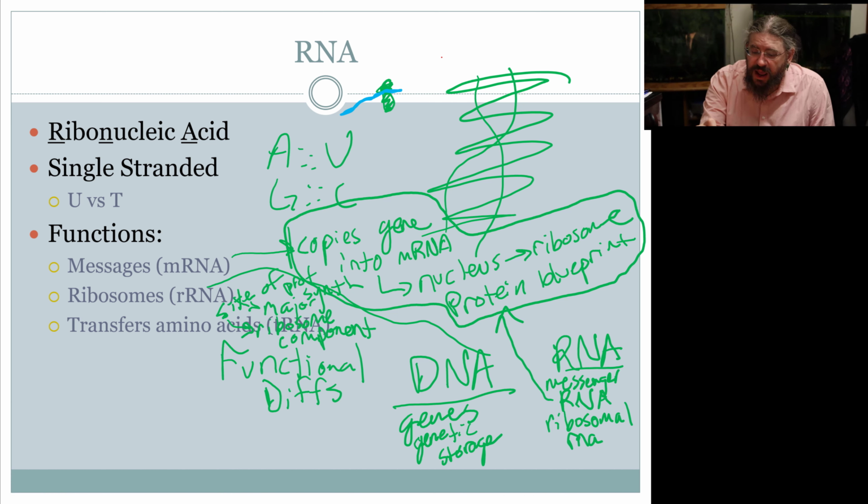So tRNA is transfer RNA, amazingly enough. Who'd have thunk it? And transfer RNA transfers amino acids to the ribosome.